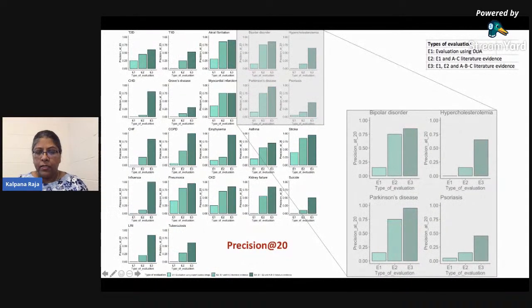So the next one is the precision at 20 for all the 22 conditions. Again, it's a lot of information. So the take-home message is E2 is better than E1 and E3 is better than E2. We got good precision at 20 for all 22 conditions.